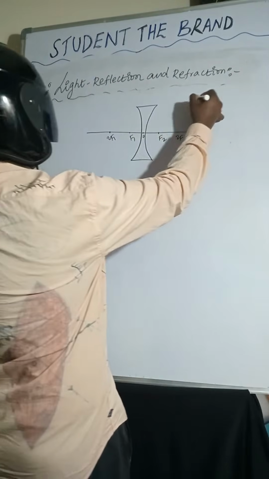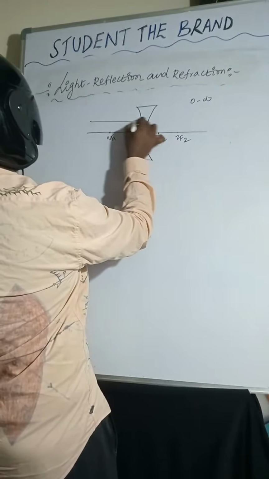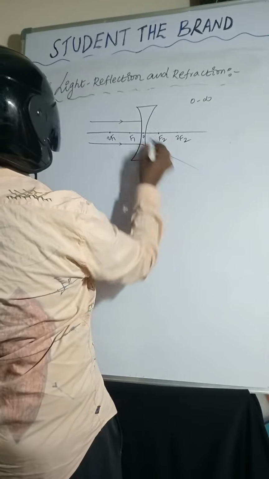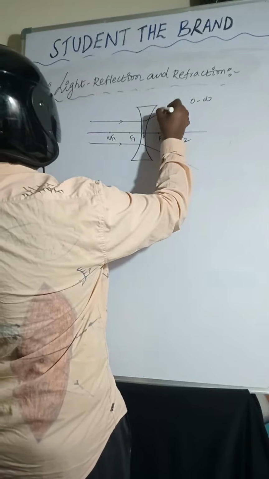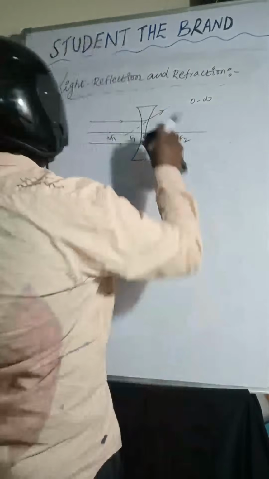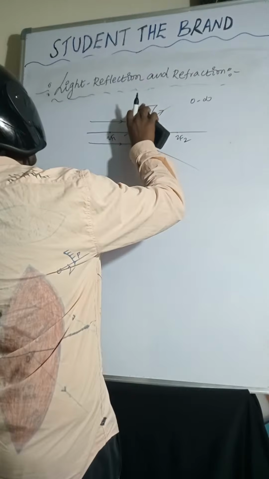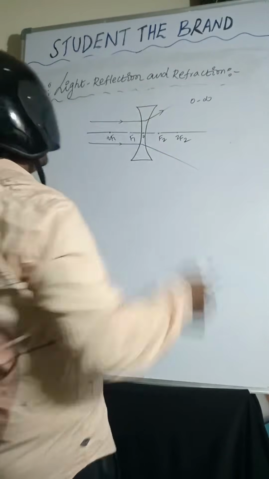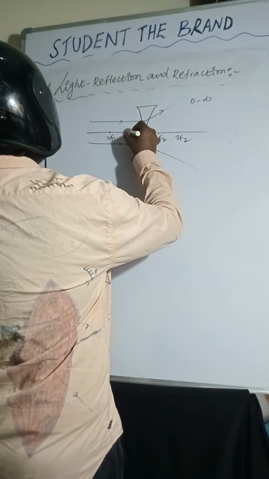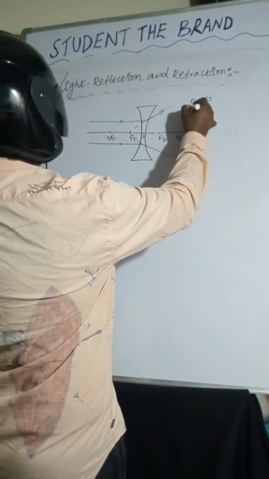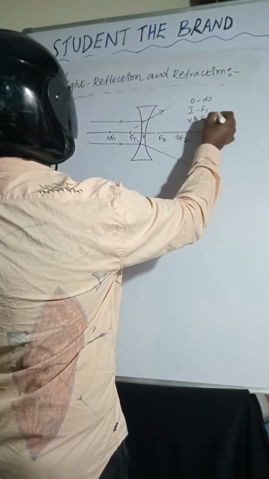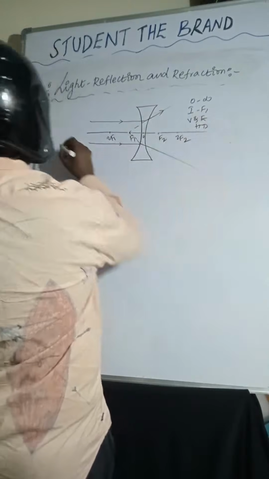Object is placed at infinity, so I am taking light rays like this, and here after refraction, you can see this. So image will form at F1. Nature of the image is virtual and erect. Size of the image is highly diminished.